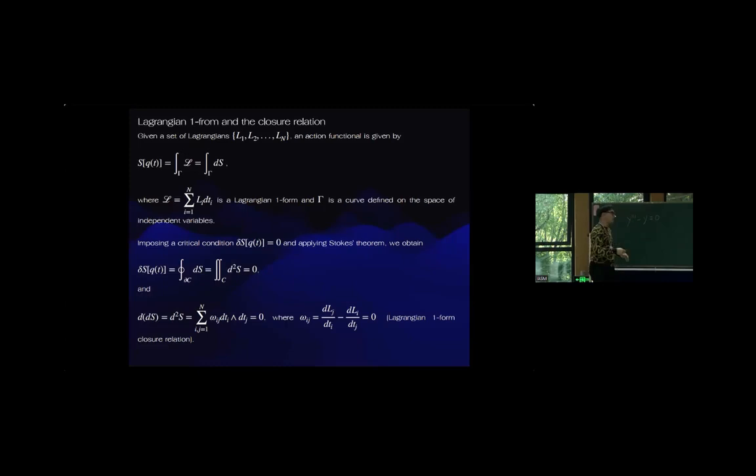If we impose this condition on the space of time variables, we're going to get this quantity closed, which is nothing but the Lagrangian one-form closure relation here. But in another layer, you're going to get what we call the generalized Euler-Lagrange equation, but I haven't put it here.